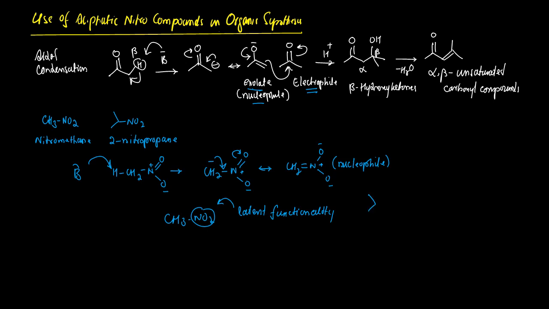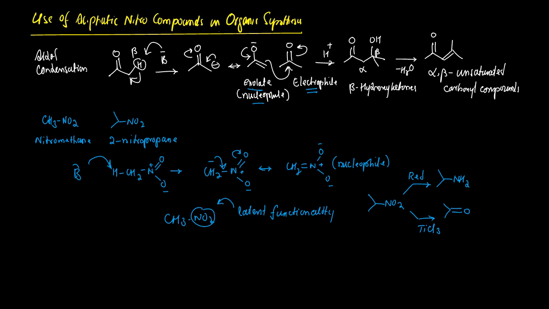For example, if we have a nitro compound, we can reduce it to an amine, or we can transform it into a carbonyl group with the application of titanium trichloride.